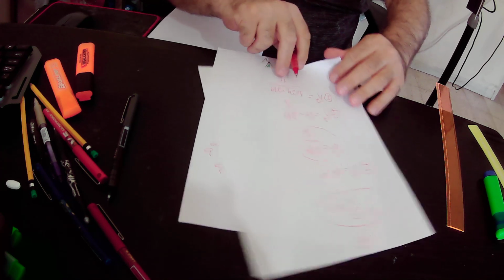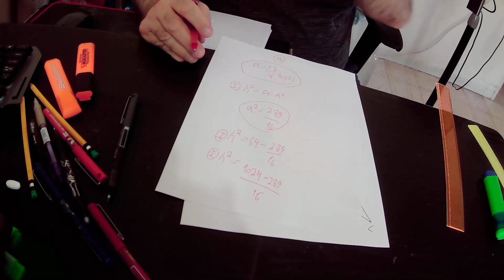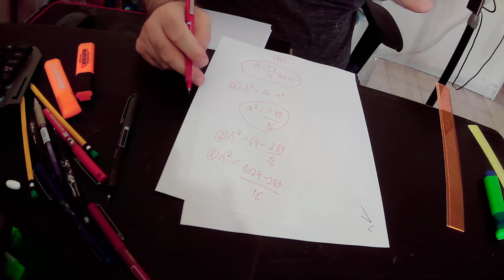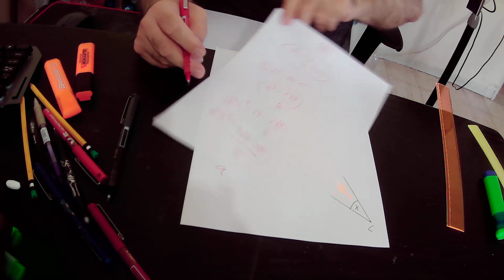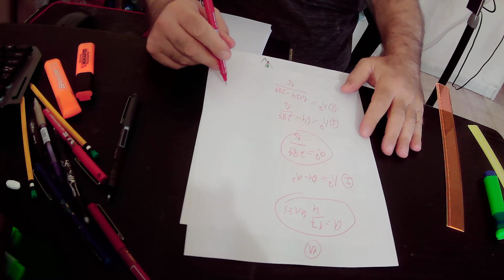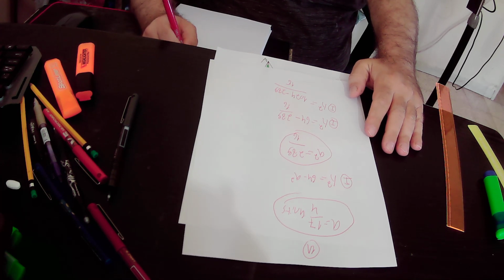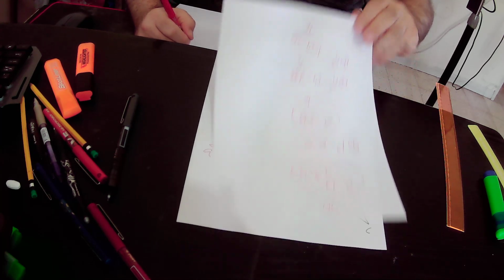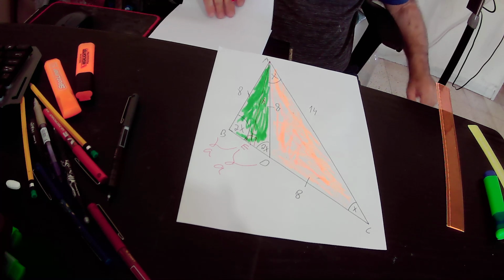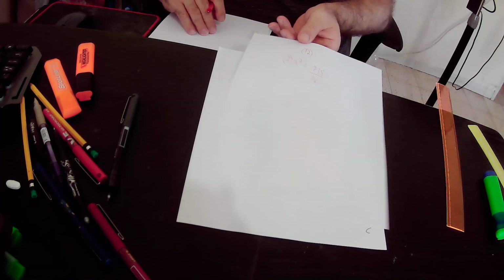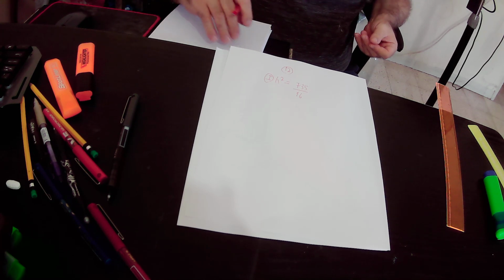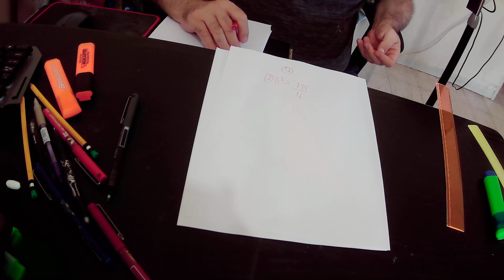So the value of h squared is 1024 minus 289 over 16. 1024 minus 289 is actually 735. So we found out that the value of h squared is 735 over 16.